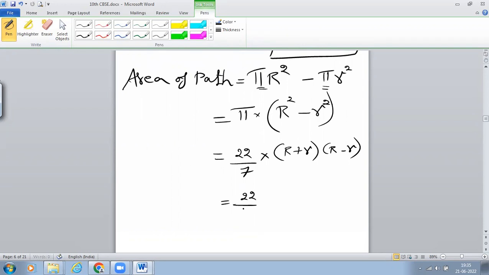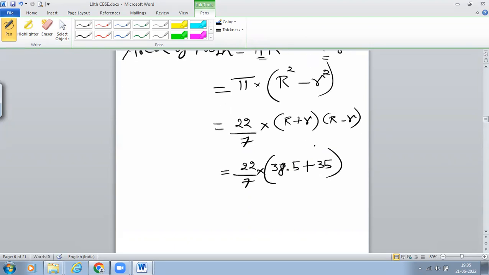Now 22 by 7, so we can replace the values now into, what is capital R? 38.5 plus what is small r? 35. Yes, sir. 35 into, there is no space, I'll write it here, into capital R is 38.5 minus small r, the inner radius, is 35.